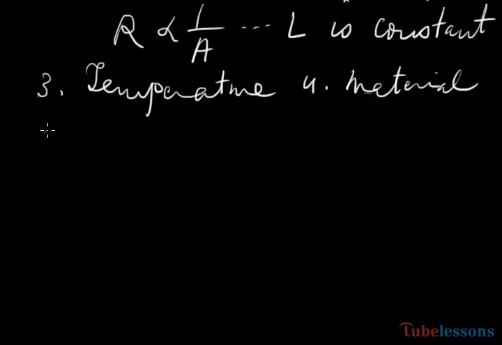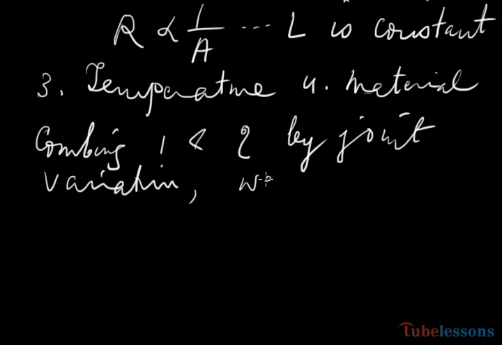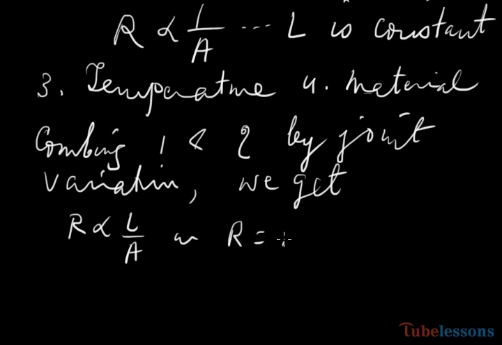Now combining 1 and 2 by joint variation, we get R proportional to L by A, or R equal to rho L by A. This is rho, where rho is a constant of proportionality.